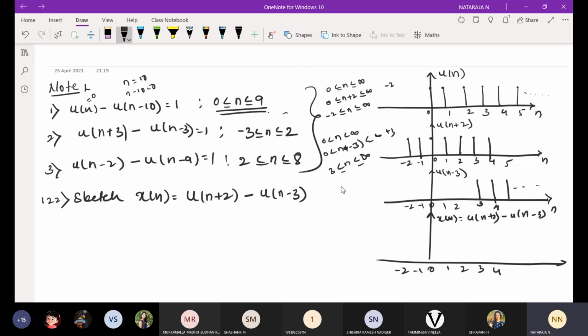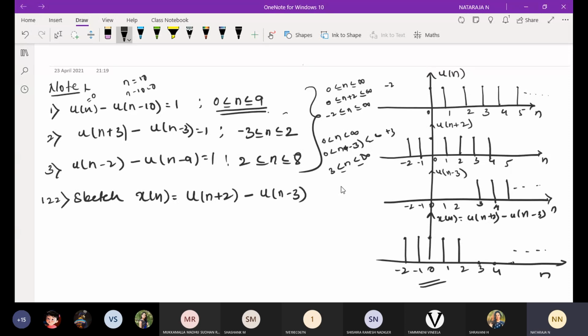At minus 2, we have 1 minus 0, which is 1. At minus 1, 1 minus 0. At 0, 1 minus 0. At 1, 1 minus 0, which is 1. At 2, 1 minus 0, which is 1. At 3, we have 0. From here, it will be 0, and so on. This is your x of n. This is by using the graphical method.